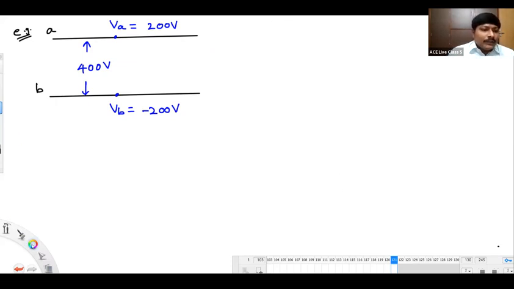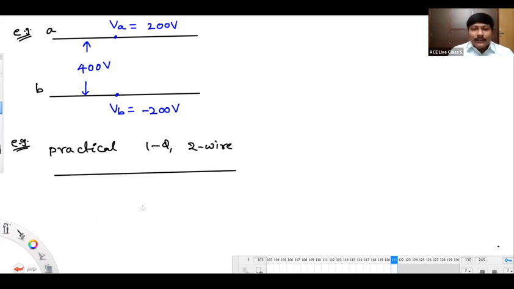For example, if you think about the practical single phase two-wire system, I have two conductors here. One we say is the phase wire, and the other wire we are going to call the neutral. Yes or no?